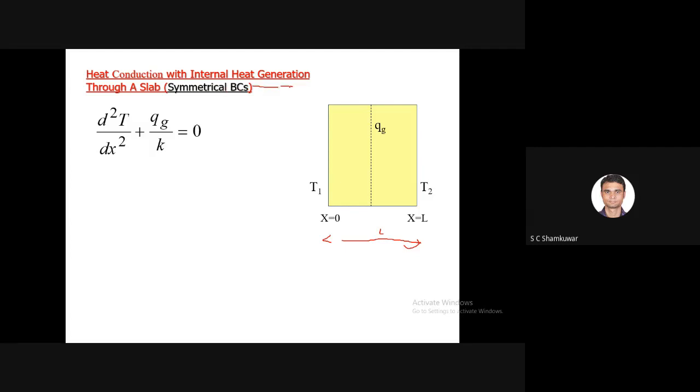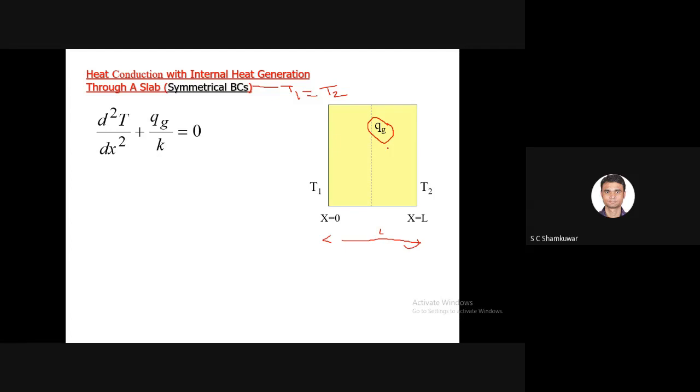The symmetrical boundary condition is T1 equal to T2. Please take a register and pen and copy the things. This slab is producing some heat internally, that is Qg.